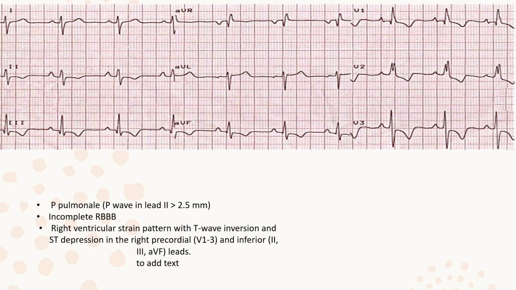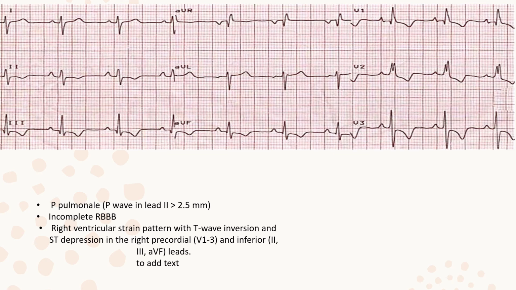This EKG is getting more difficult to interpret because I'm not really able to see V4, V5, and V6 to know for sure, but having that big upright R wave in V1 is suspicious of right ventricular hypertrophy.